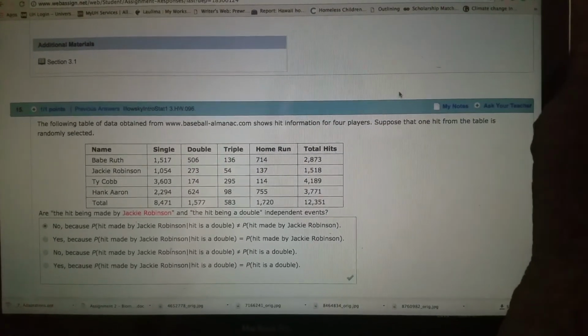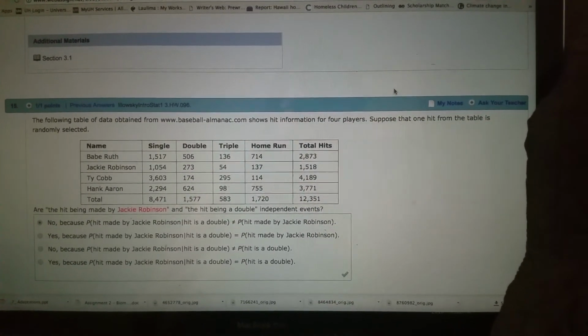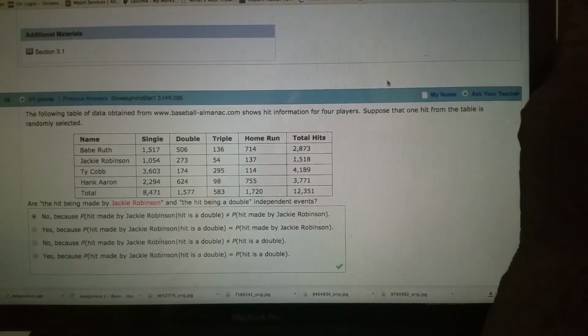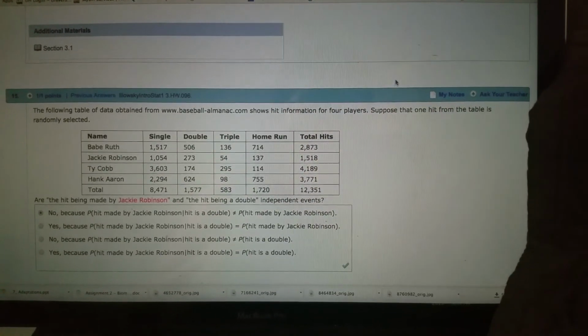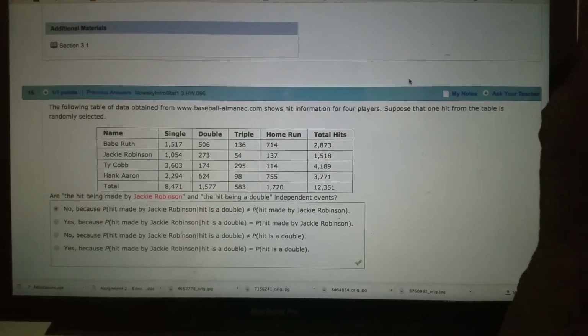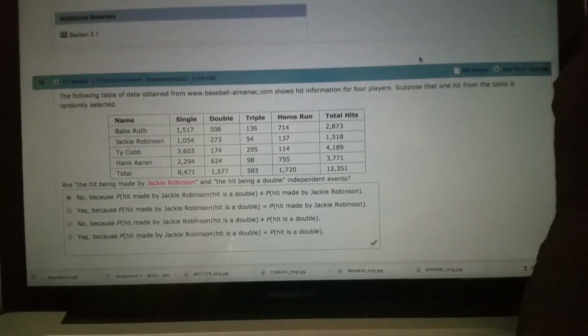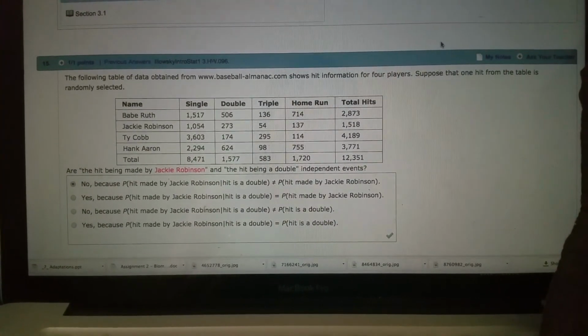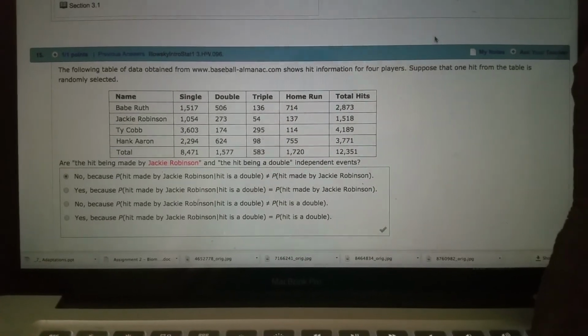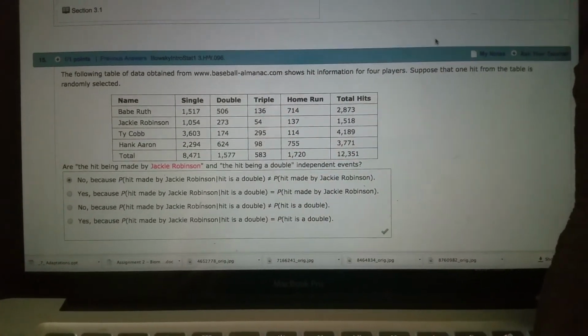Number 15. The following table of data obtained from baseballalmanac.com shows hit information for 4 players. Suppose that one hit from the table is randomly selected. Okay, are the hit being made by Jackie Robinson and the hit being a double independent events?